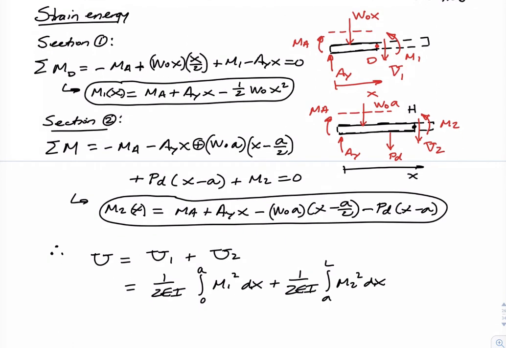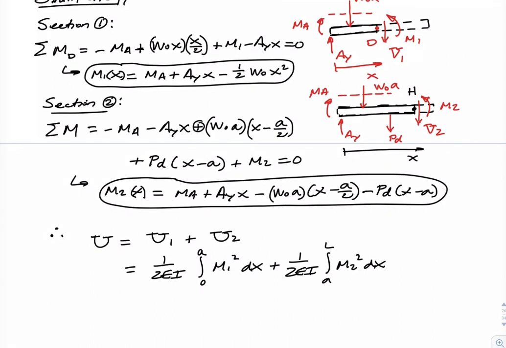Okay, where I have my expressions for M1 and M2 that you can see there on the screen. So let's think about what we want to find. We want to find the deflection at B. And we're going to use Castigliano on that.